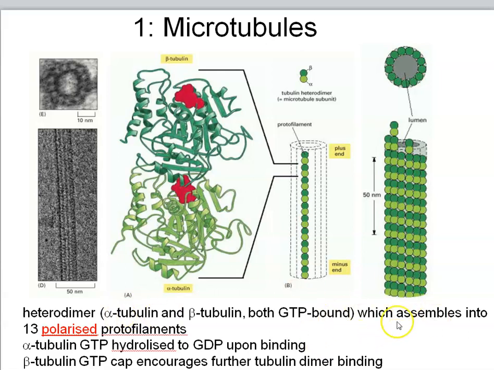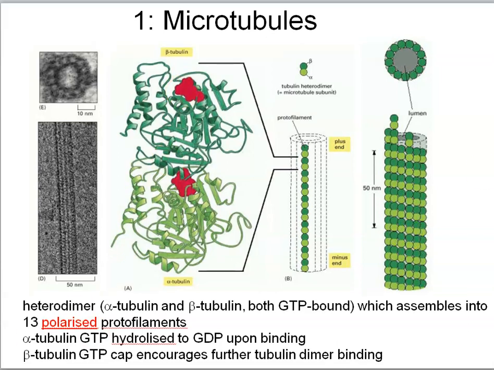Some of the interactions that we're going to look at involve the GTP hydrolysis. Now GTP is bound to alpha tubulin, GTP is bound to beta tubulin. When alpha and beta come together as a heterodimer, this alpha tubulin GTP is hydrolyzed to GDP, but the GTP on the beta tubulin is left intact.